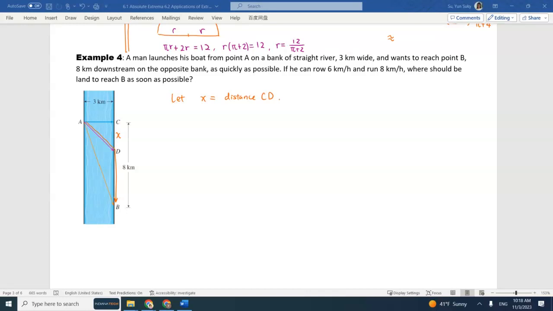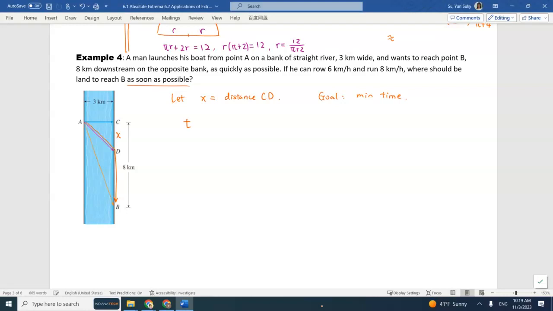Okay, and our goal is fastest, as soon as possible. So our goal is to minimize the time. Usually time is the independent variable, but here time is actually the dependent variable. We want to minimize the time.